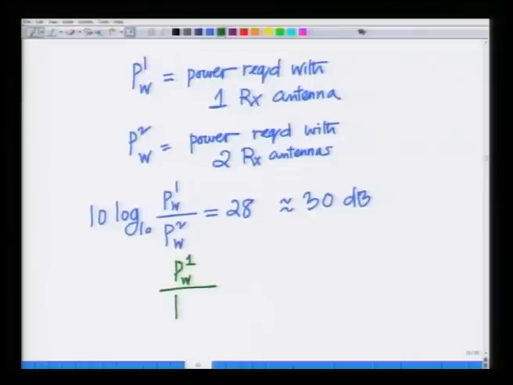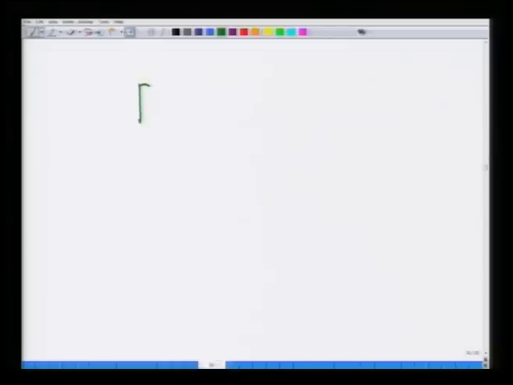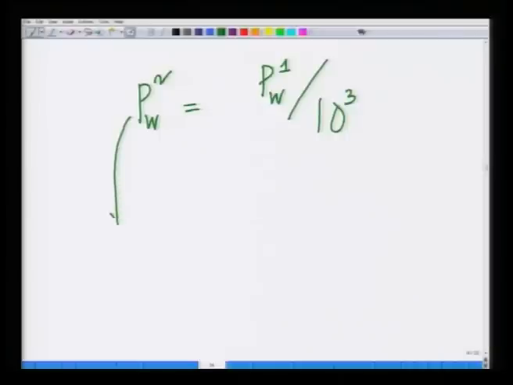which means PW1 divided by PW2 equals 10 to the power 3, which means PW2 equals PW1 divided by 10 power 3. Look at this, PW2 is the amount of power required with 2 receive antennas at the receiver.